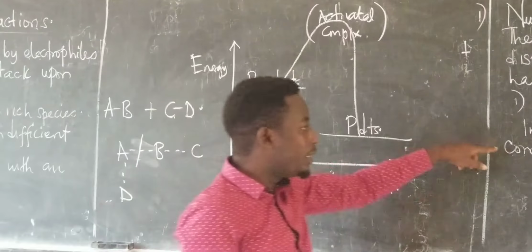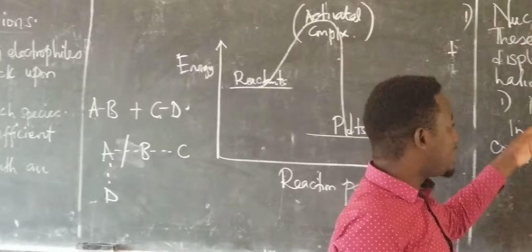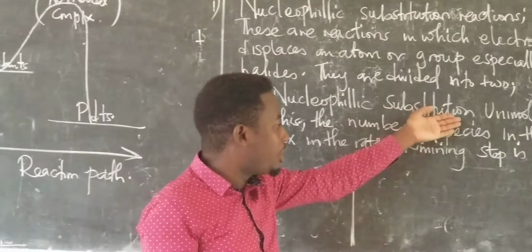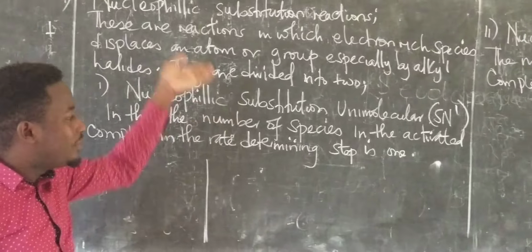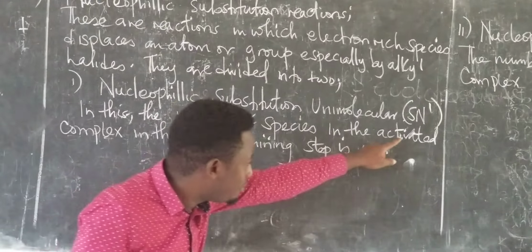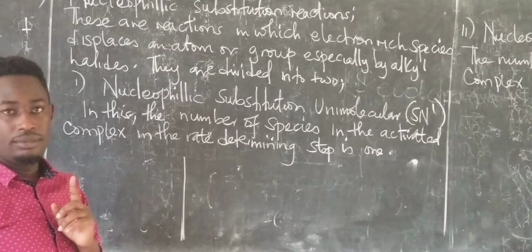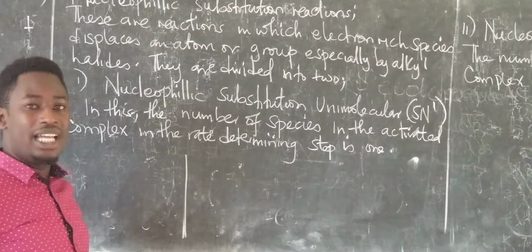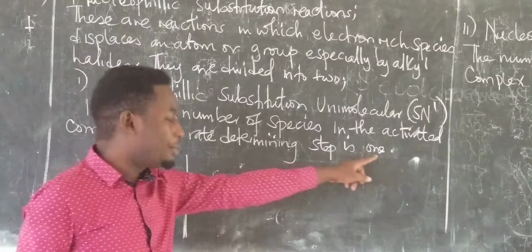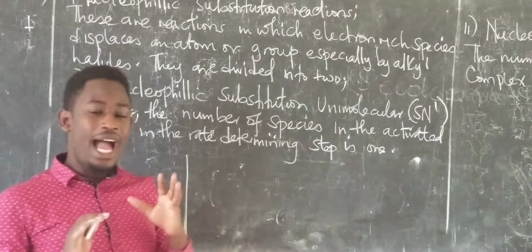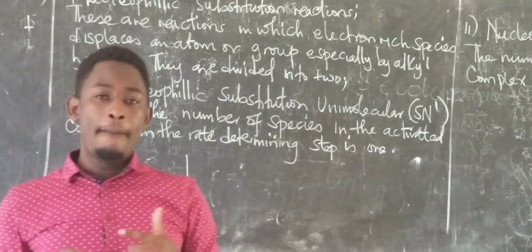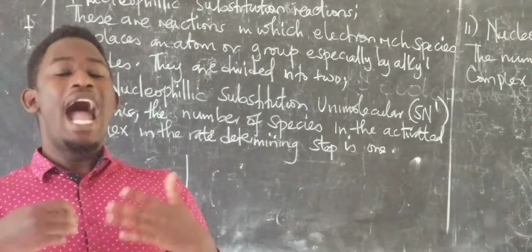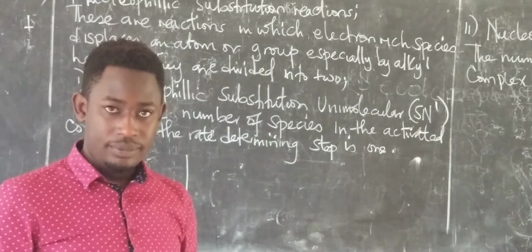Now we are saying here, if we come back here, we are saying that in a nucleophilic substitution reaction, the number of species in the activated complex is 1. These are reactions that are undergone by tertiary alkyl halides. Are we together?